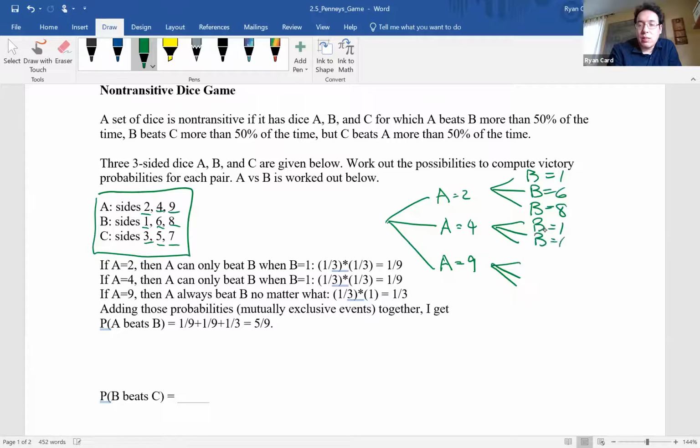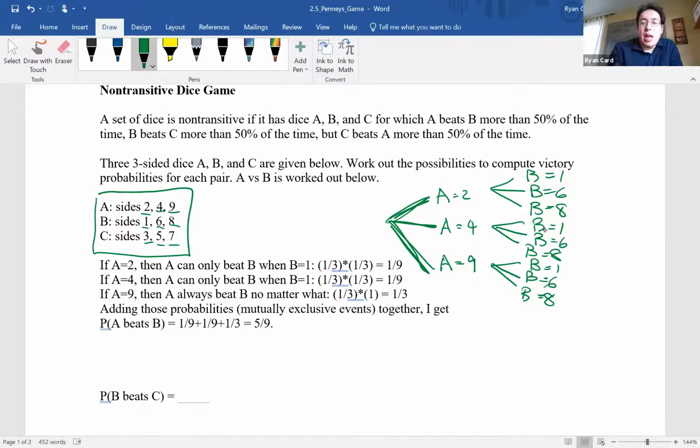Okay, let's keep track of which leaves on the end A wins. Each of these branches is 1/3. I'm not going to draw 1/3 on all of these branches because it's getting cramped.